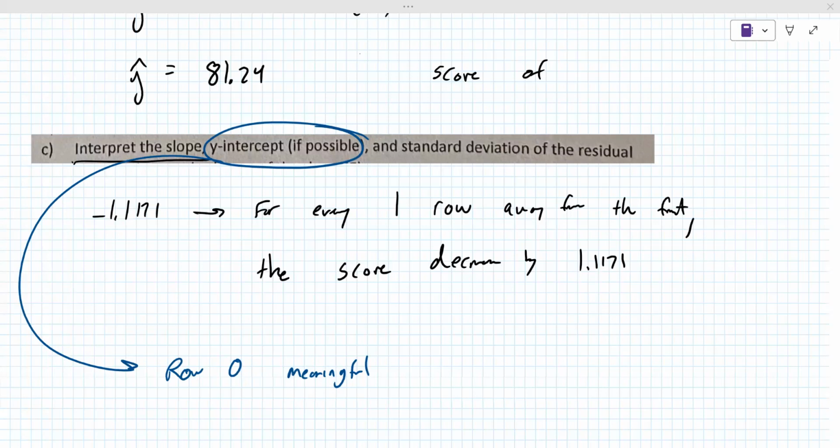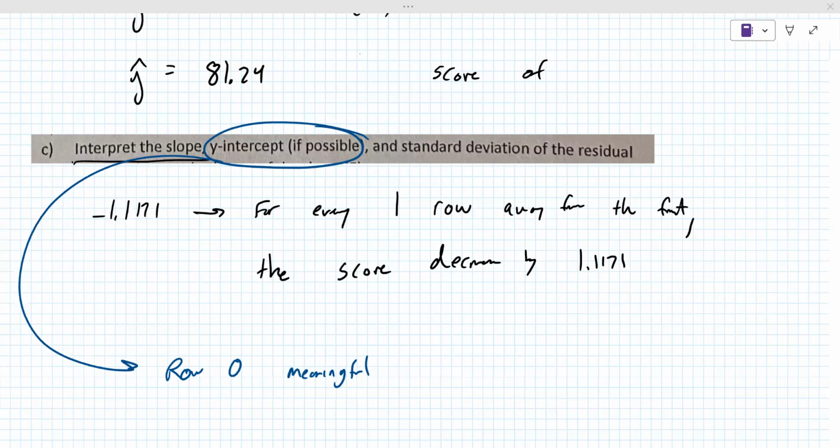So for slope, it says it equals negative 1.1171 over 1.